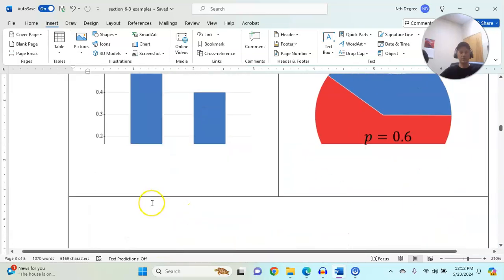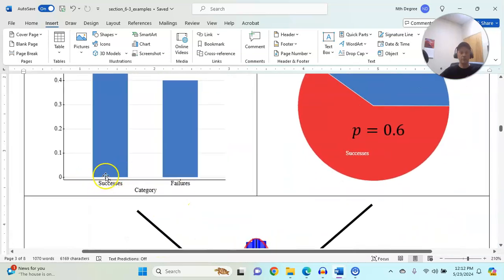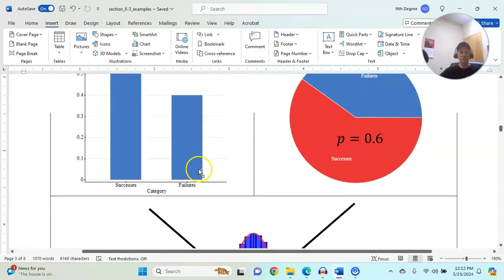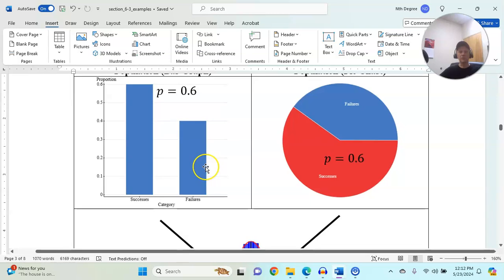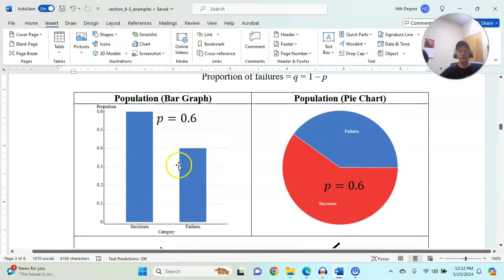We kind of have to zoom in on the labels to read them more easily. But this bar represents successes, and this one represents failures. We always think about these bars as being filled with sand, right? Every grain of sand in this case is one individual member of the population. And there are more successes than failures, and that's why this bar stacks up higher.